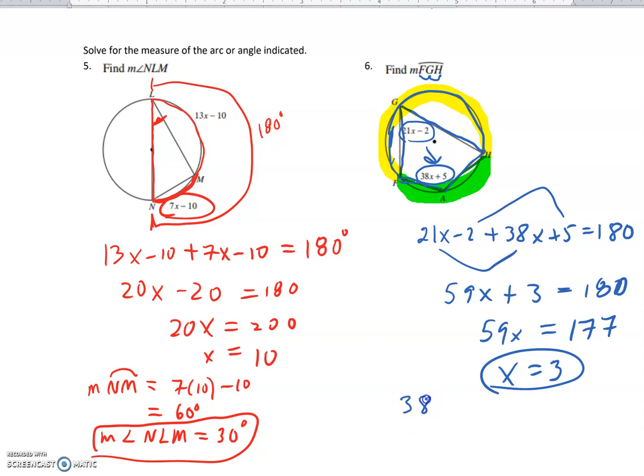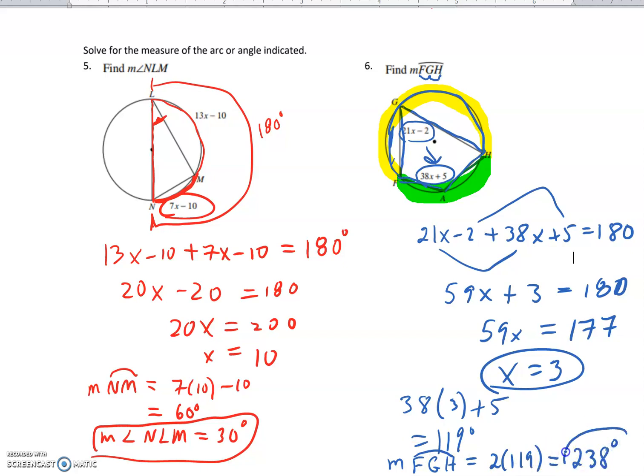So 38 plus 3 plus 5, that has to equal 119 degrees. So if that's 119 degrees, that means that the measure of arc FGH has to be twice that value. So 2 times 119 would give me 238 degrees.